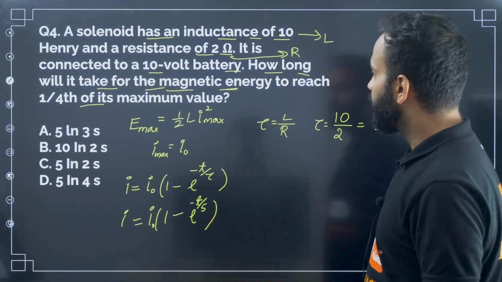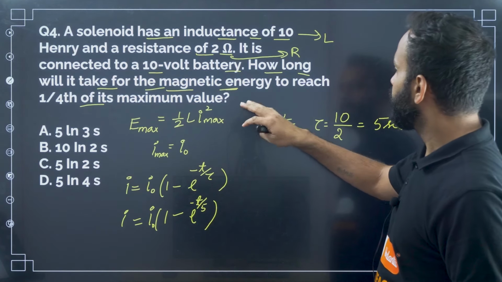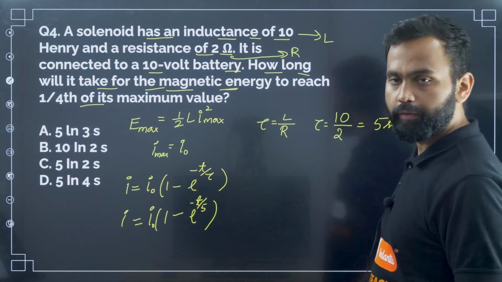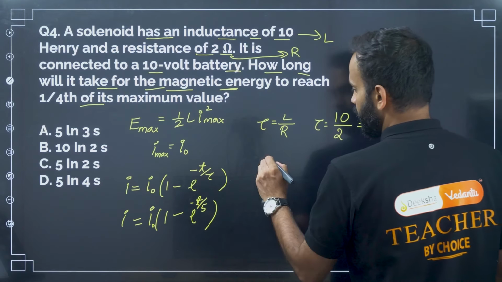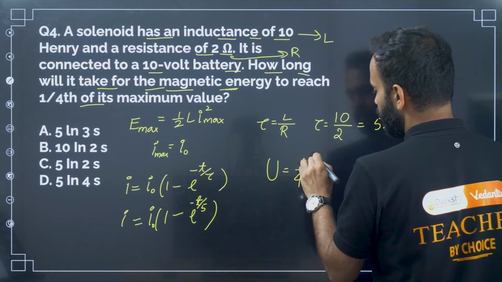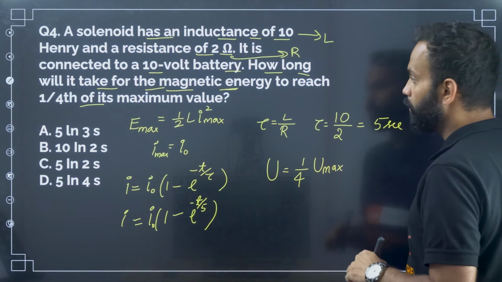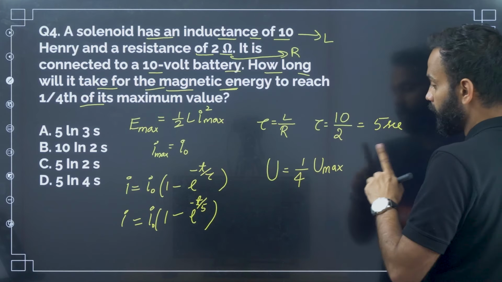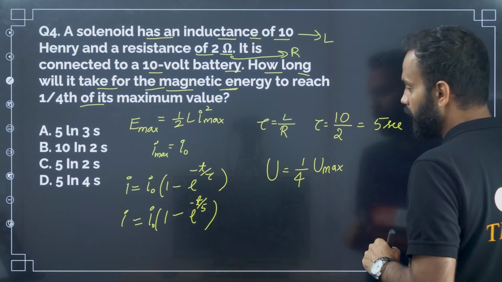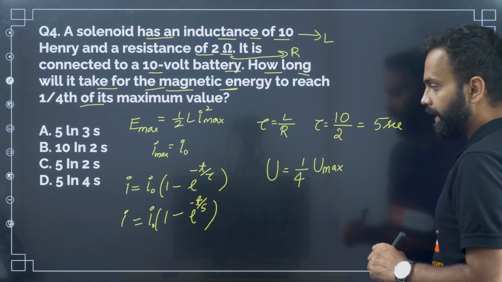What we need to find is how long the solenoid will take for the magnetic energy to reach 1 by 4th of its maximum value. So here we need to find time t.